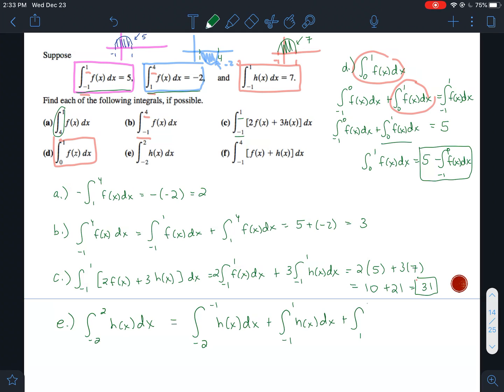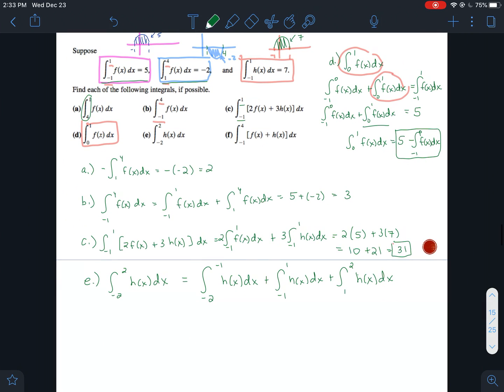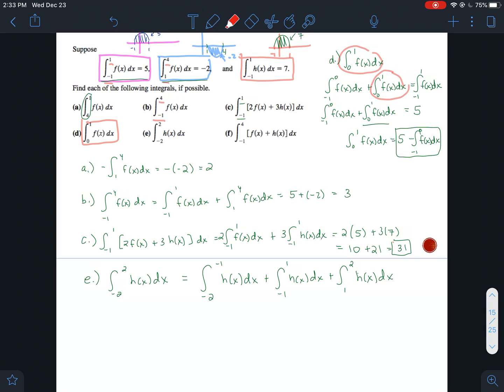Well, if I integrate from -2 to -1 of h of x dx, plus then I integrate from -1 to +1 of h of x dx, and then I integrate from +1 to +2 of h of x dx, I would get the entire thing. Well, the only piece of that I know is that middle piece, from -1 to +1 is 7. So the integral from -2 to +2 of h of x dx would just be that expression with a 7 in between.